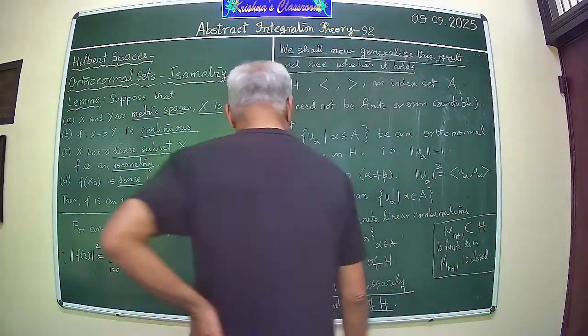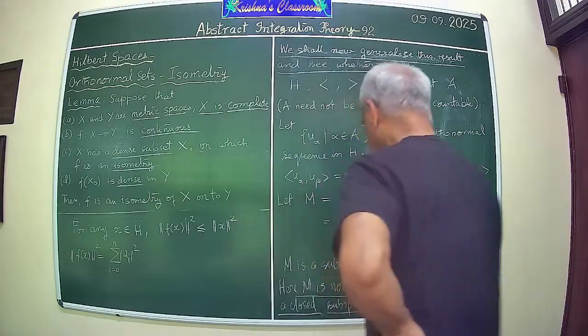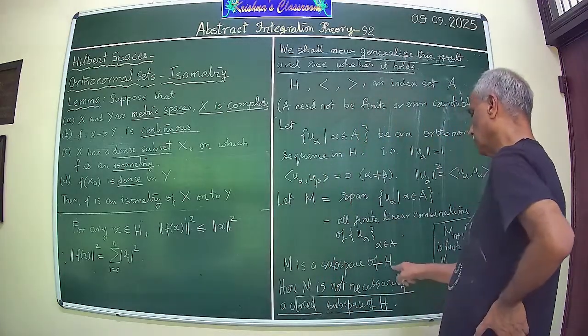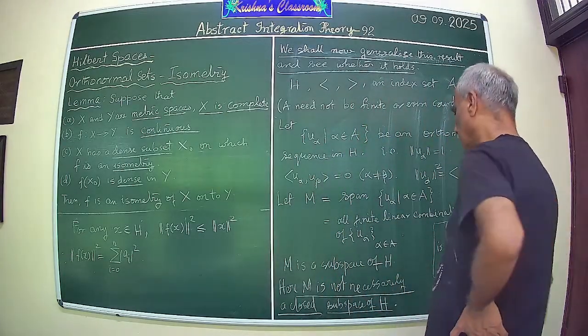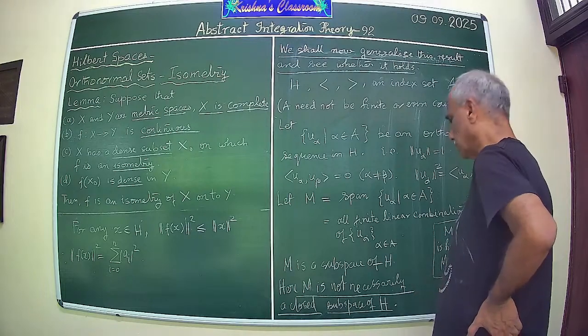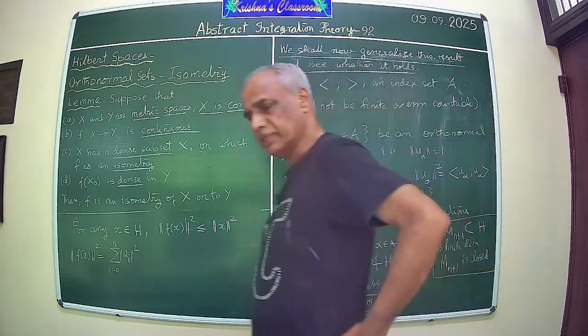Therefore, you know that in H the inner product induces a norm and the norm induces a metric. Okay, H is a metric space.